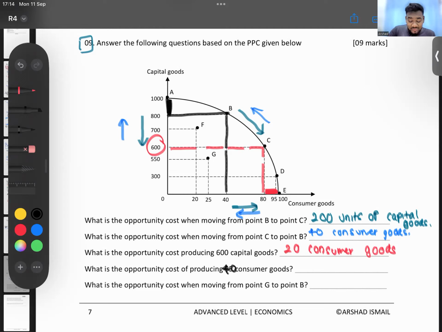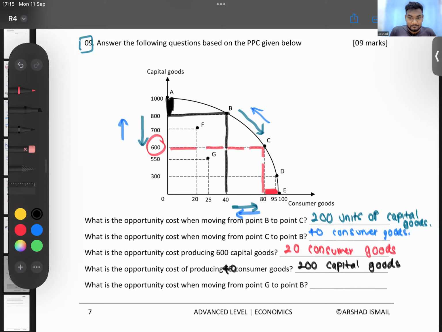You can only produce 800 capital goods if you're producing 40 consumer goods, meaning 200 capital goods cannot be produced. So what is your opportunity cost? 200 capital goods. Is that clear, guys? So far, you all fine? The first 4 parts?